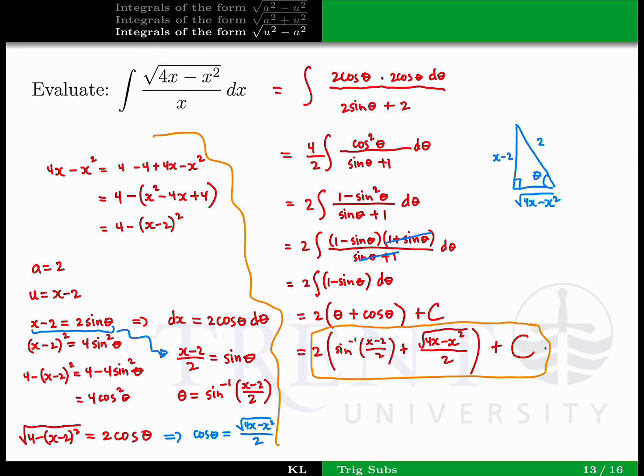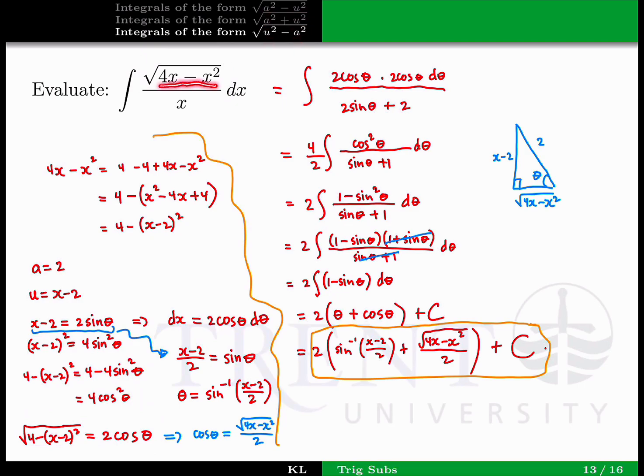So the trick here is to do your completing the square. Again, just to emphasize, our forms are constant squared minus function squared, constant squared plus function squared, and function squared minus constant squared.